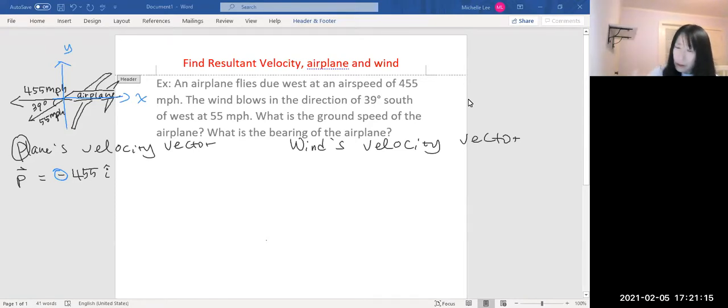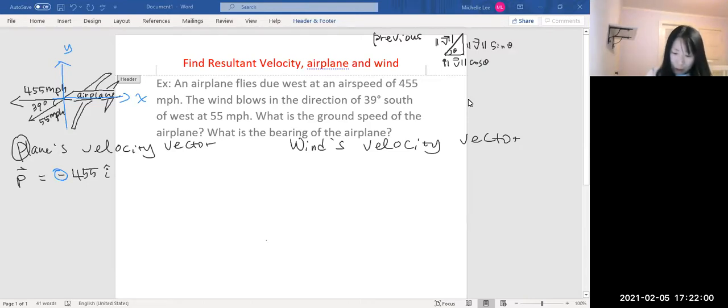From the previous class, if we have a vector v with angle theta, then the horizontal component is the magnitude of v times cosine theta, and the vertical component is the magnitude of v times sine theta.